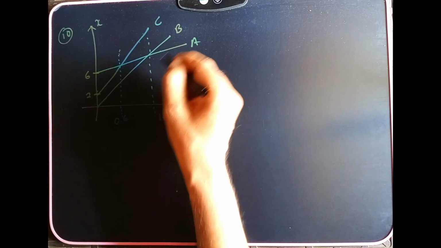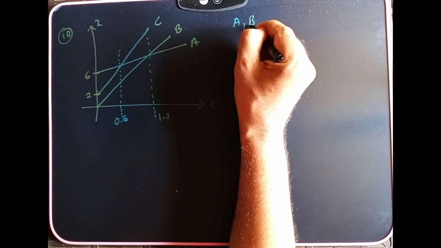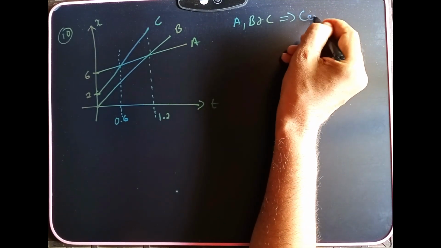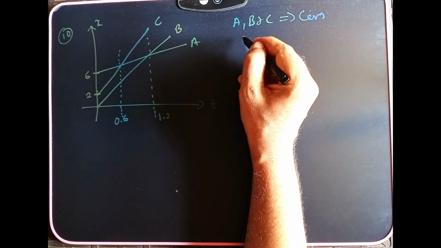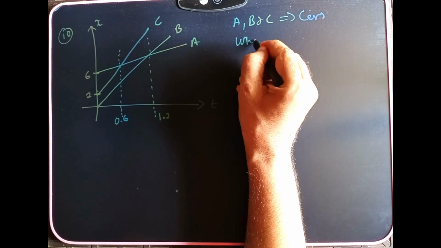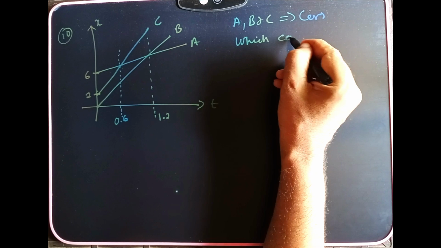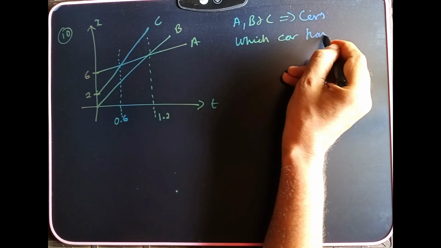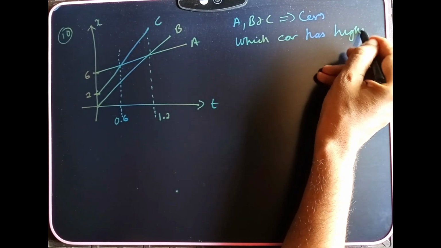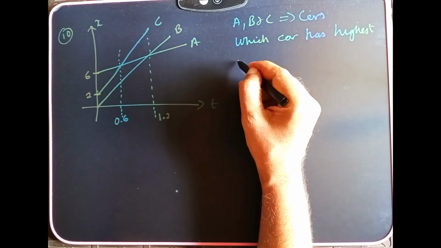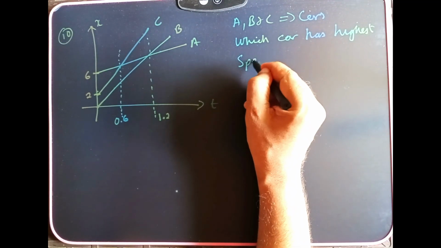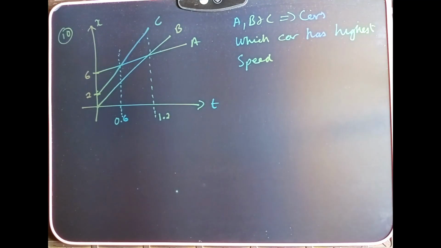These are different cars, A, B and C. It is asking which car has the highest speed. By looking at the graph itself, we can make out without taking the values.